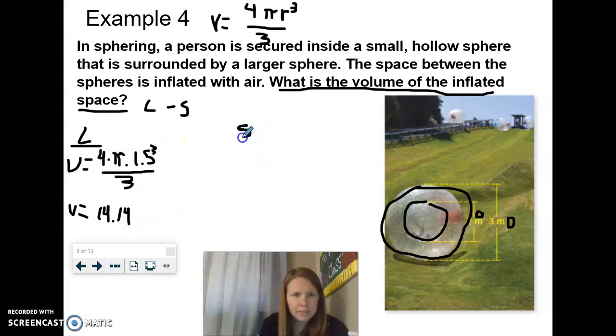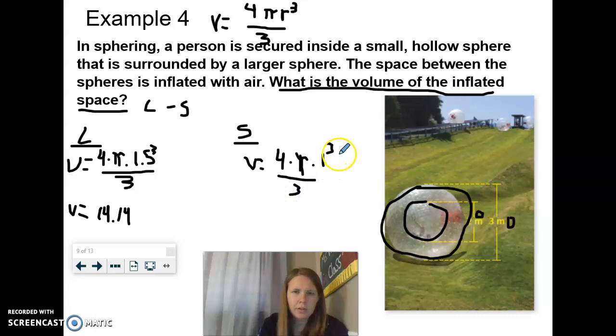Let's plug it in for my small one. This time I've got a volume equals 4 times pi times, now my radius in this case is going to be 2 divided by 2, which is just 1, 1 to the third divided by 3.